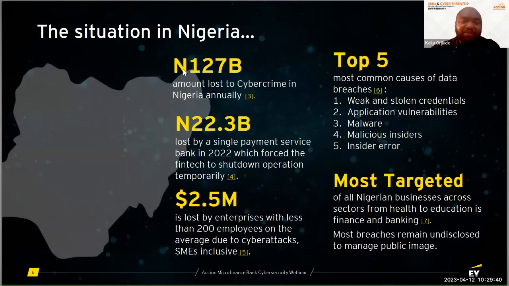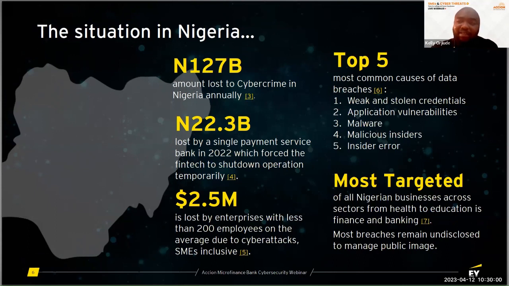On the screen, I have some stats and references as well. About 127 billion lost to cybercrime on an annual basis. I think this started maybe last year or two years ago. 127 billion, that's a huge sum of money.